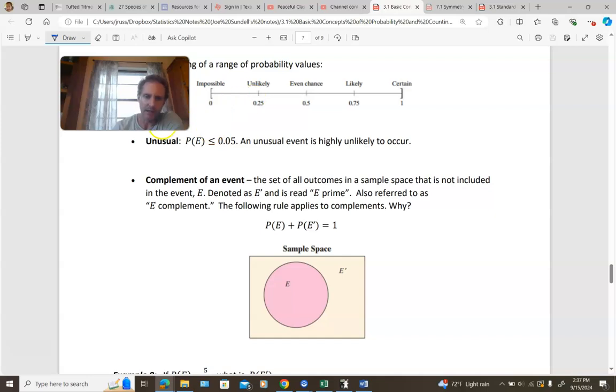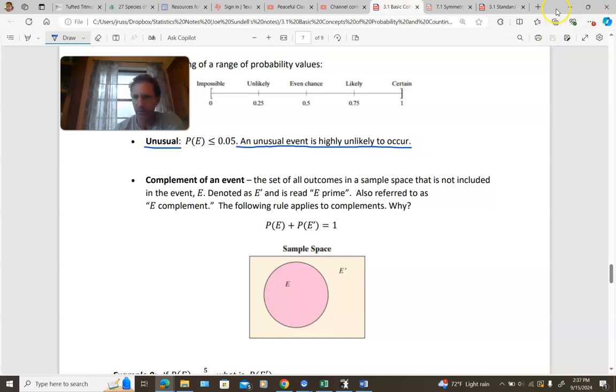And then, similar to what we saw in chapter 2, we use this term unusual again, okay? So if an event has an associated probability that is less than or equal to 0.05 or 5%, in other words, we say that that's unusual. And an unusual event is highly unlikely to occur.